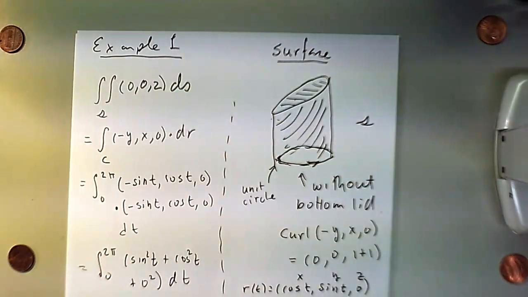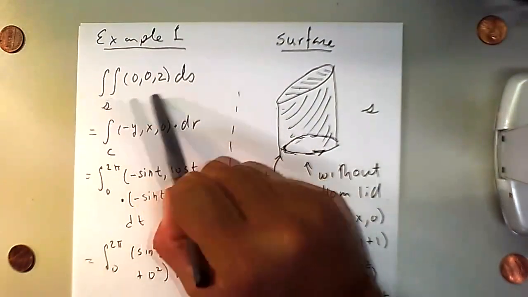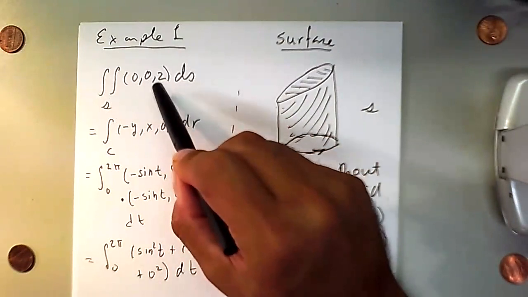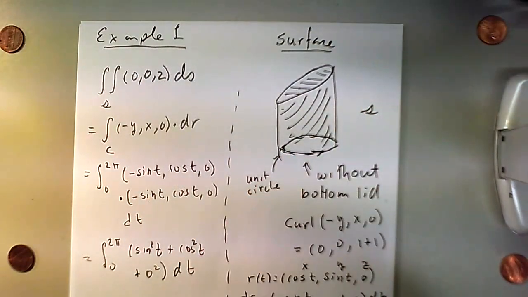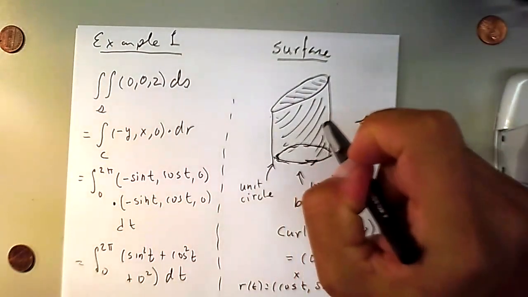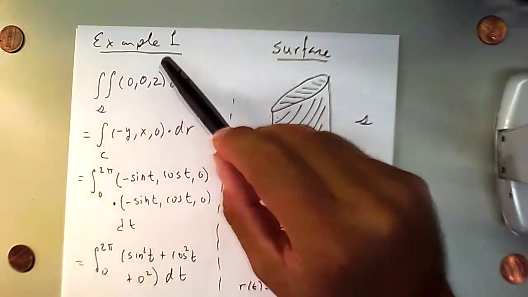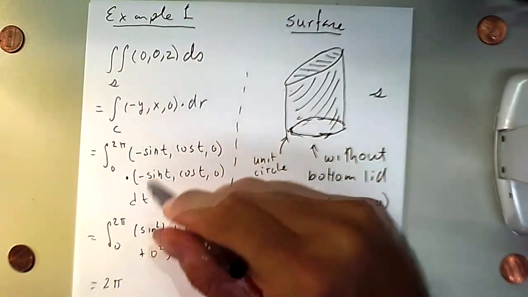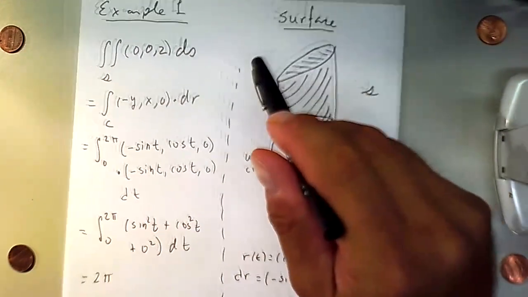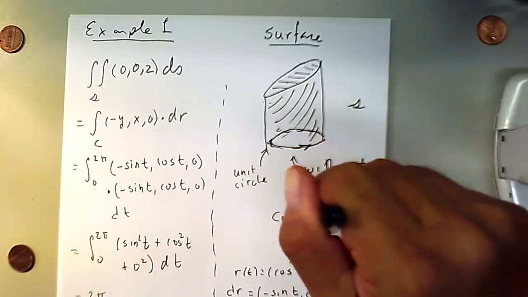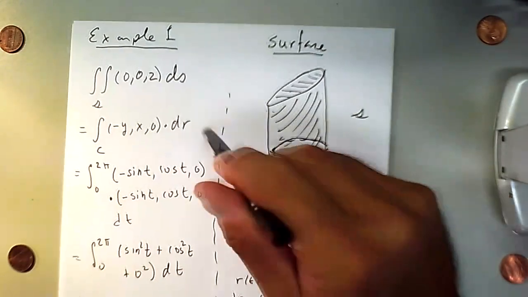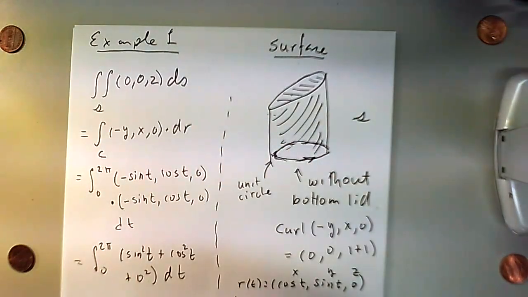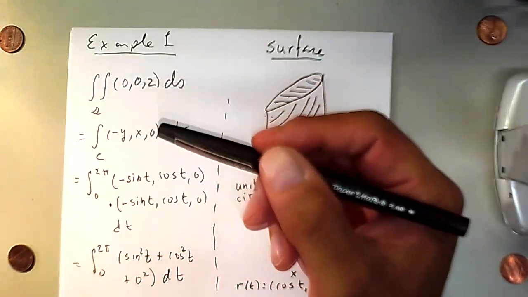One of the complications with Stokes theorem is that if you're finding the flux, this is the flux of this vector field over this surface. If you want to find the flux using Stokes theorem, and they don't give you the vector field whose curl is the one here, then you might have to find that out, and that's not easy.